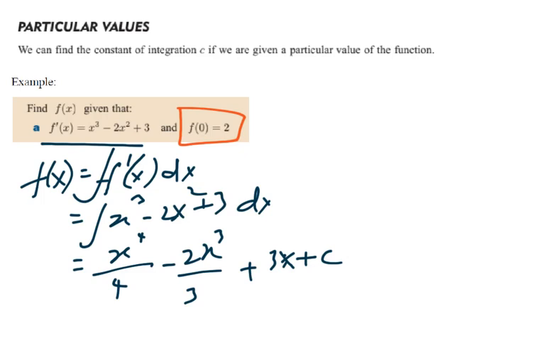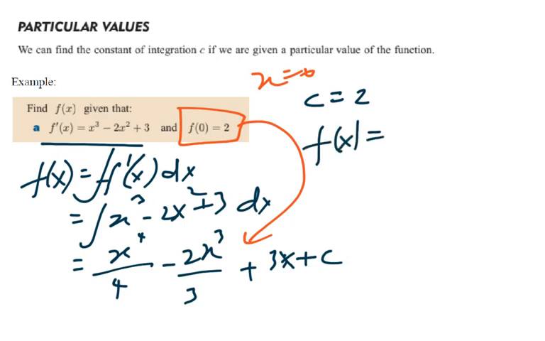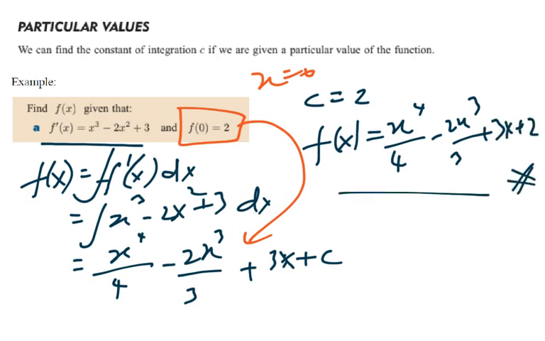After you have substituted x equal to 0 in this equation, you realize that c is equal to 2. Hence, we can write f as x^4/4 - 2x^3/3 + 3x + 2. So that's your function f.